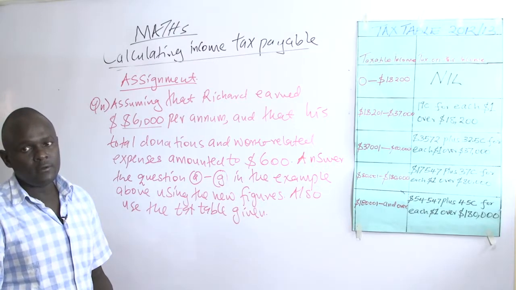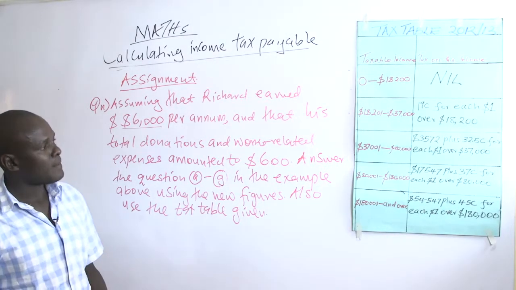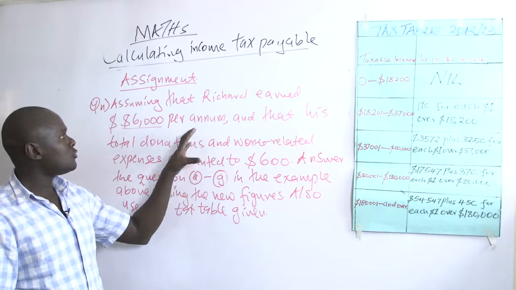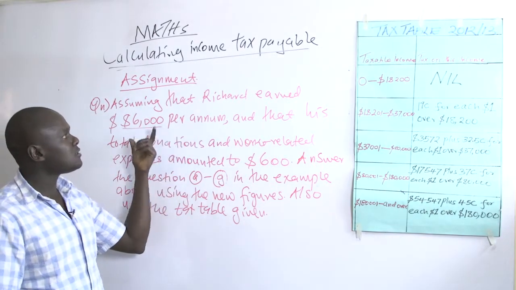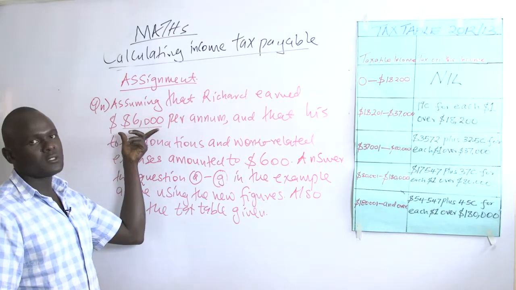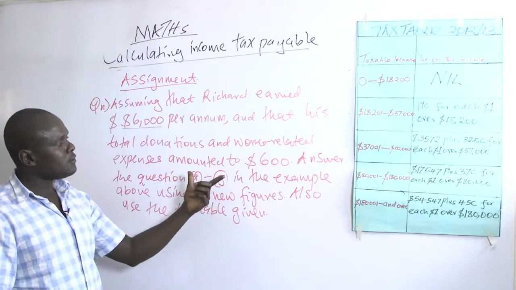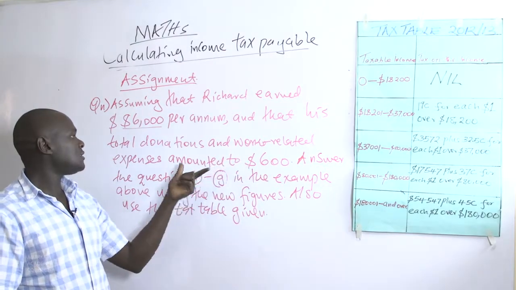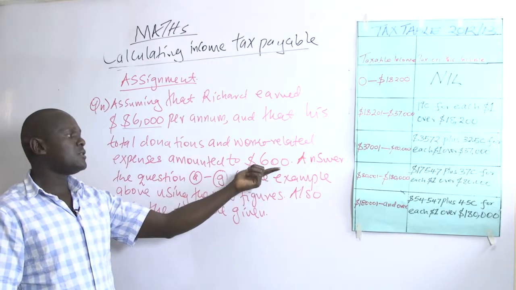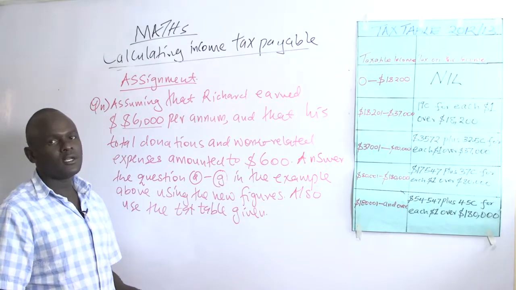So if you have been keen enough in our first example, you will be able to look at these new figures. Instead of $54,600, we have $86,000. And instead of work-related expenses and donations amounting to $375, this time it is $600.